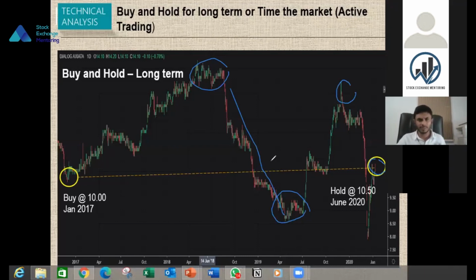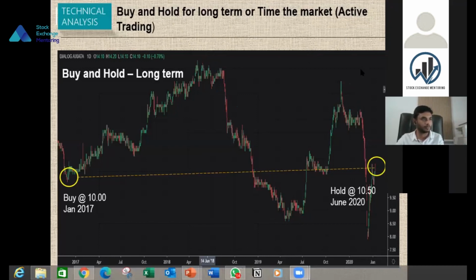So the question comes whether to buy and hold, or to time the market and actively trade and maximize your capital gains and returns. This is why technical analysis will be very handy and very useful for you to make your trading decisions.